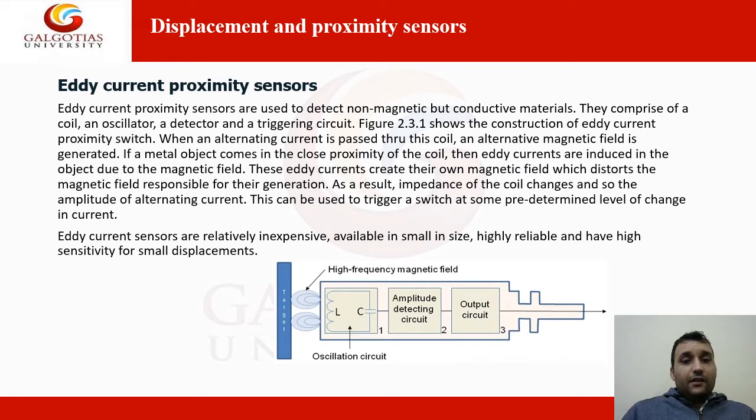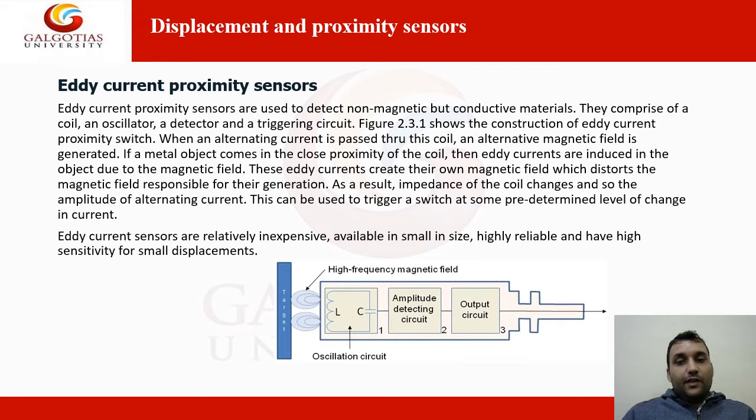Proximity sensors are used for measuring the presence of non-magnetic but conductive materials. So the first type of proximity sensors are eddy current proximity sensors. The eddy current proximity sensors are used to detect non-magnetic but conductive materials. They comprise coils and oscillators, a detector or a trigger circuit.